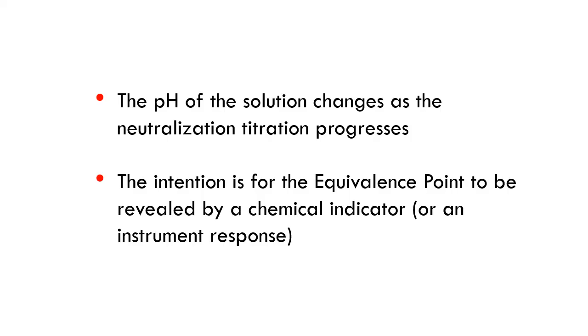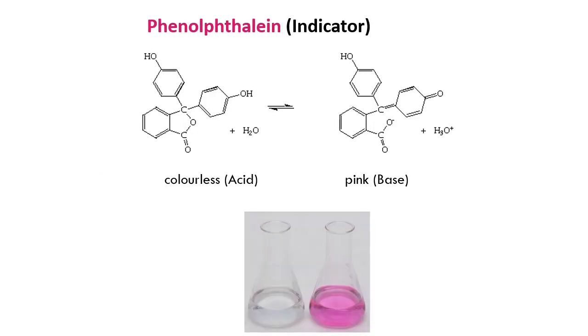You should be able to reveal the equivalence point using a chemical indicator or an instrument response, for example, with a pH electrode. Let's look at an example of an indicator, phenolphthalein. We see it going from a colorless form in acid to the pink form in base.